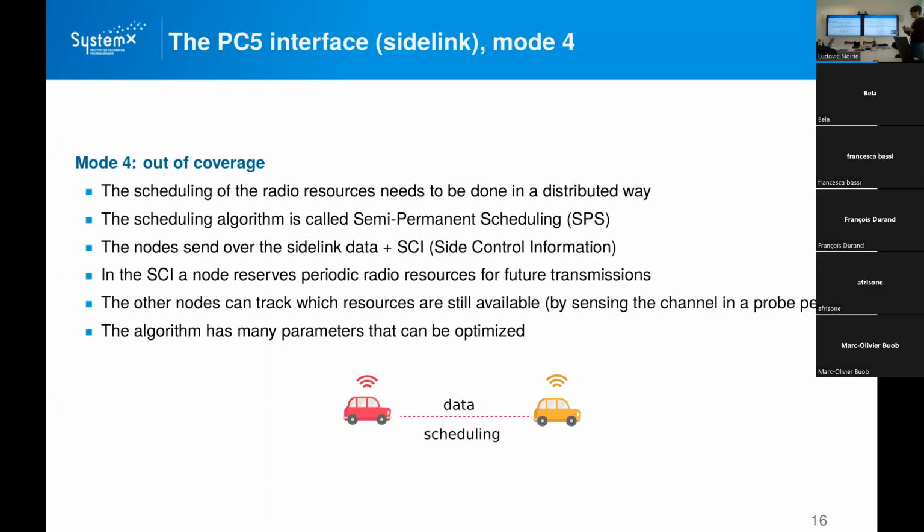And this gives you an advantage because you reach saturation of the channel later. The problem is that if the system is synchronous, this mode 4 works without the infrastructure, but at some point somebody will need to synchronize you. So the infrastructure is not in the picture here, but needs to be there somehow.